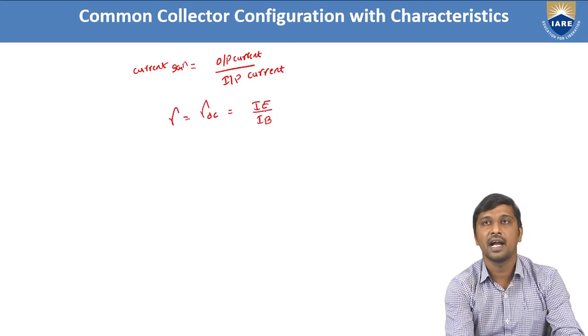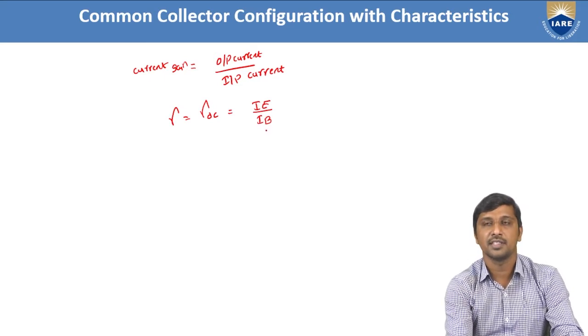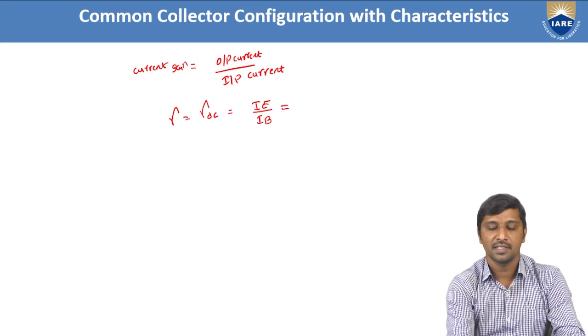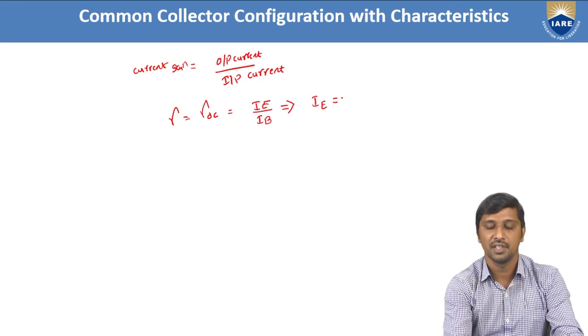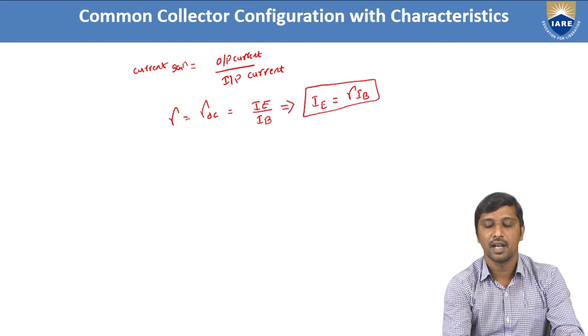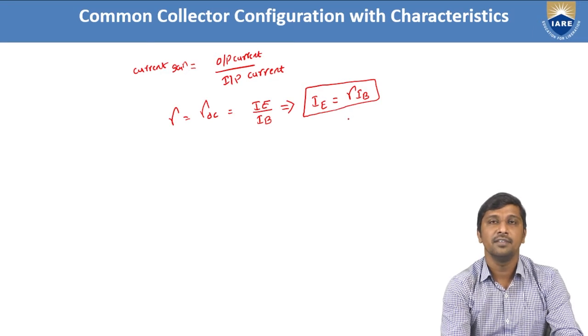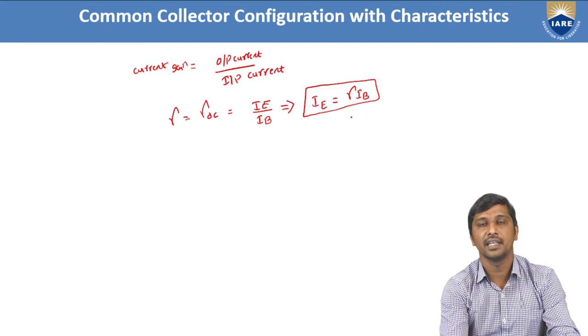I am going to rewrite this mathematical relation: the emitter current, in terms of the gain parameter, is gamma times IB. IE equals gamma times IB, derived from the definition of the DC current gain.